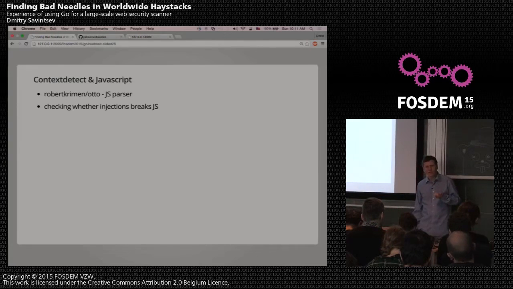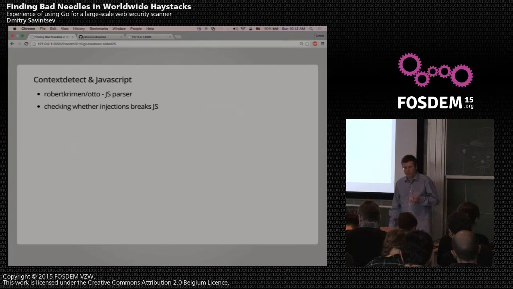By this detection, we can simulate the browser and see whether the injection will break it. And if it breaks JavaScript, then it's likely to be exploitable, because then you can put in your own script. So you've kind of broken the sandbox. The normal rule is that the input shouldn't leave the same context when being output.